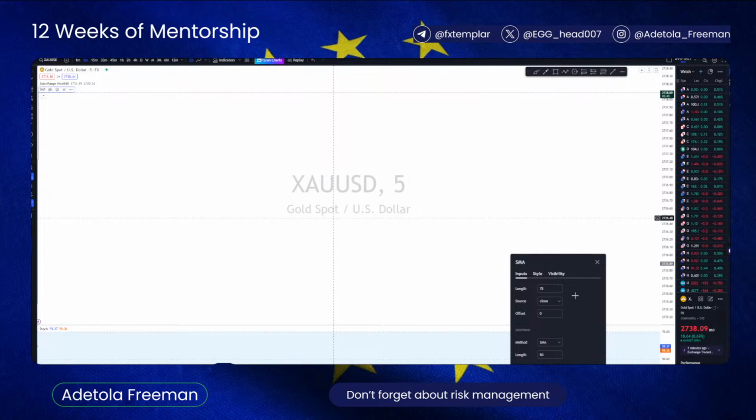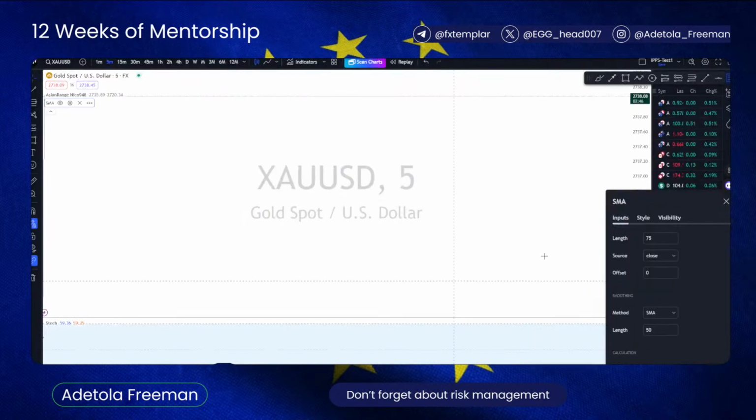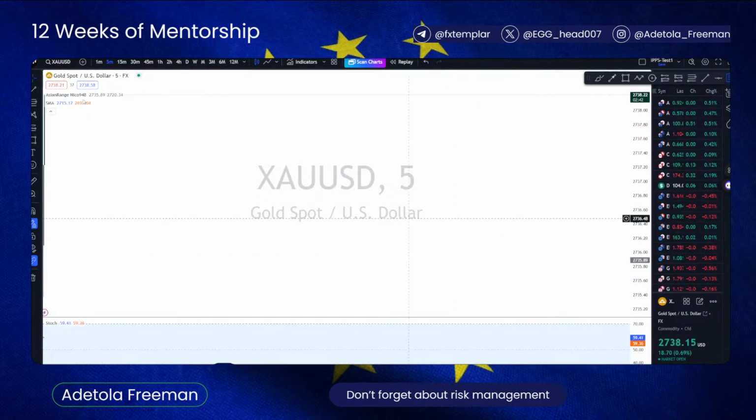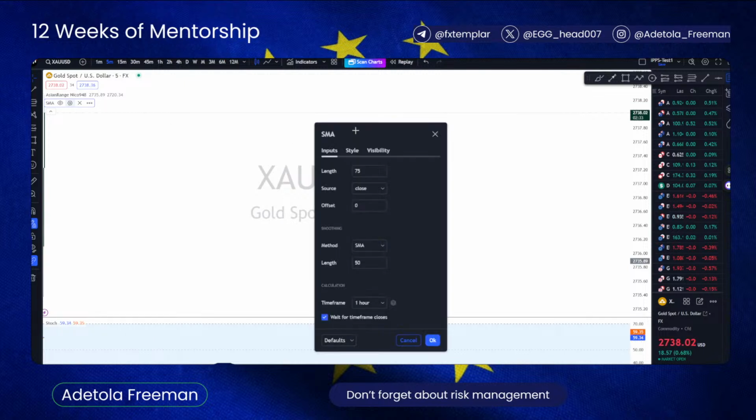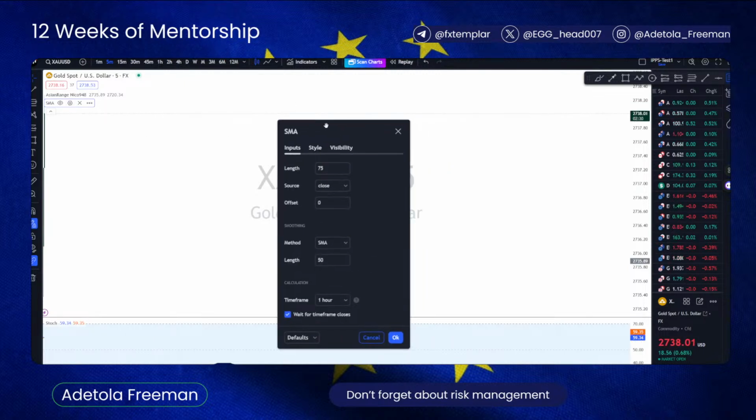This is the simple moving average setting. The period is 75. The source is close price.